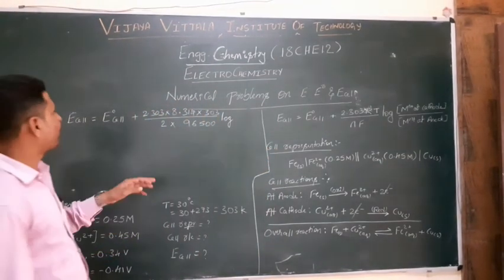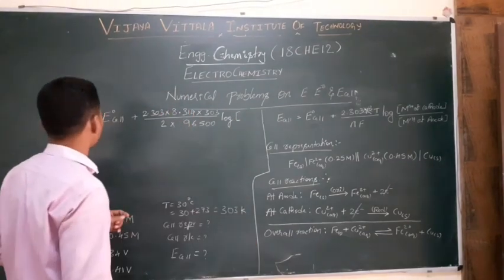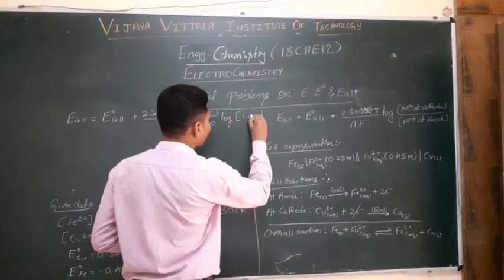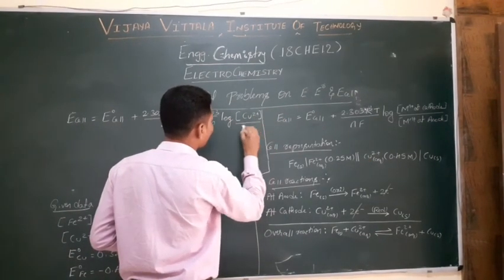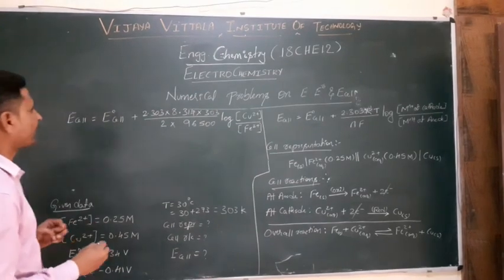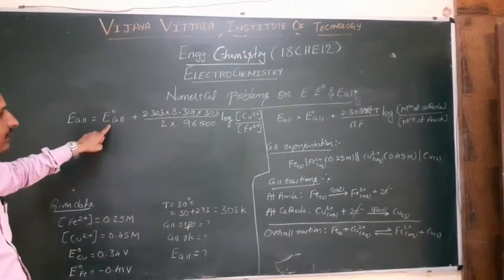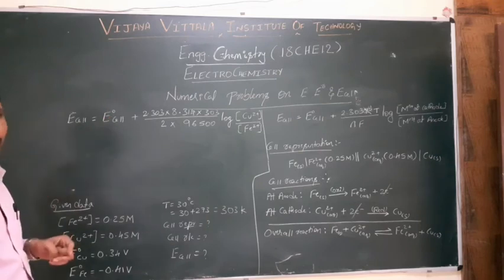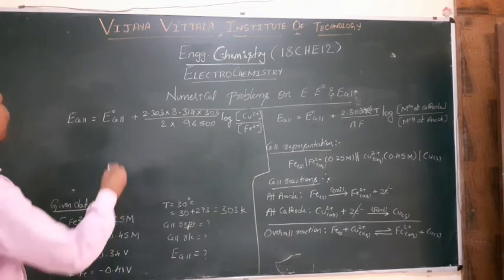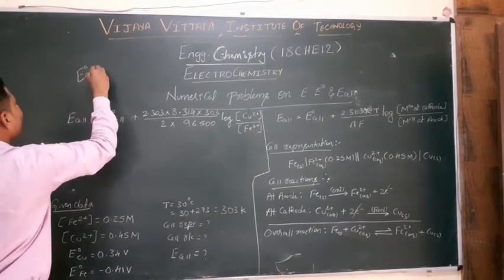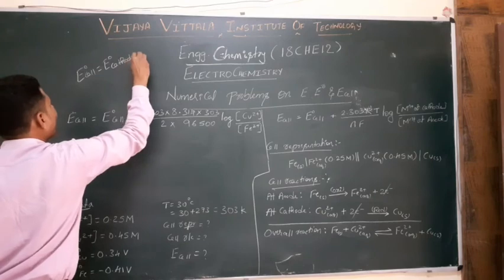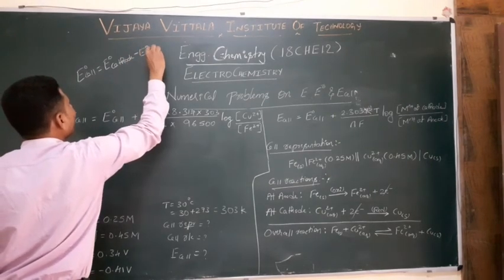See here, the molar concentration of the cathode. Which is the cathode here? The copper electrode. So we can write Cu2+ divided by Fe2+. And here we need to calculate the standard electrode potential of the cell. So how do we calculate it? We know the formula: E naught cell equals E naught cathode minus E naught anode.